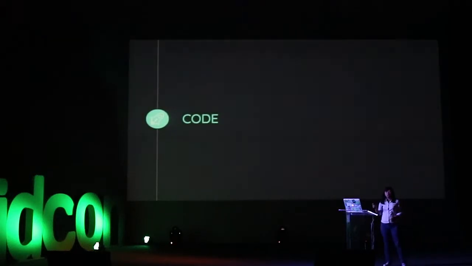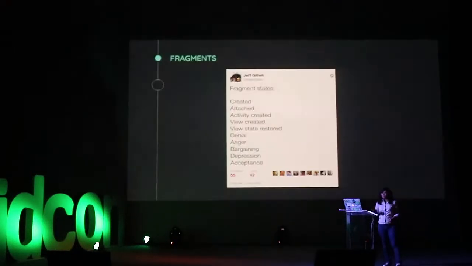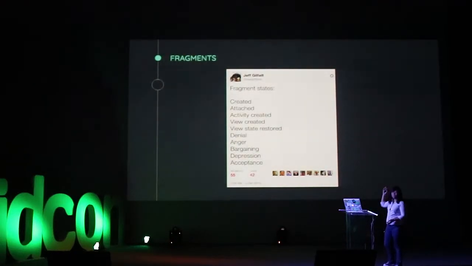Alright, so first we do those things you can enable in code. Jeff is an Android developer I've known for quite a while now. So, fragments, right? It's a tricky topic in Android ever since. Most people hate it.